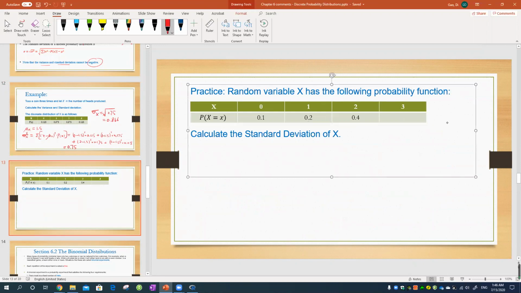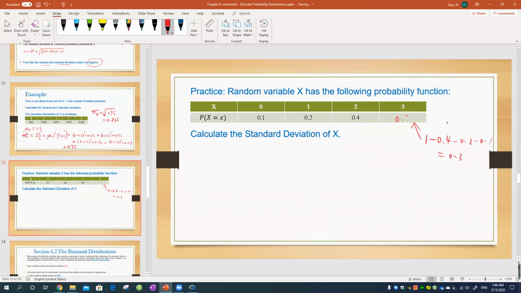We can calculate that number because we know the sum of all the probabilities equals 1. So this value is 1 minus 0.4 minus 0.2 minus 0.1, which is 0.3. We write that down and verify that they add up to 1.